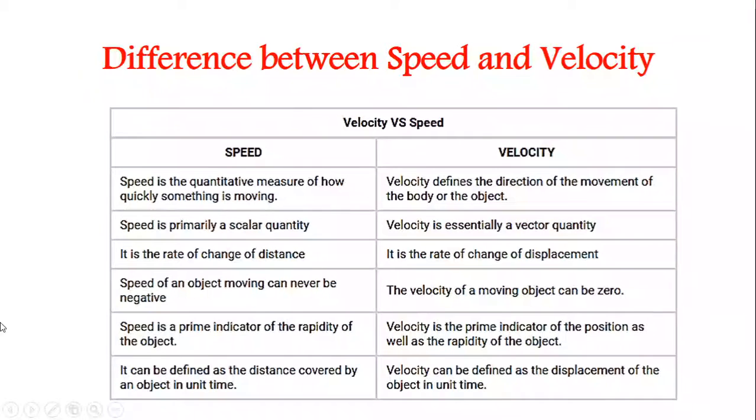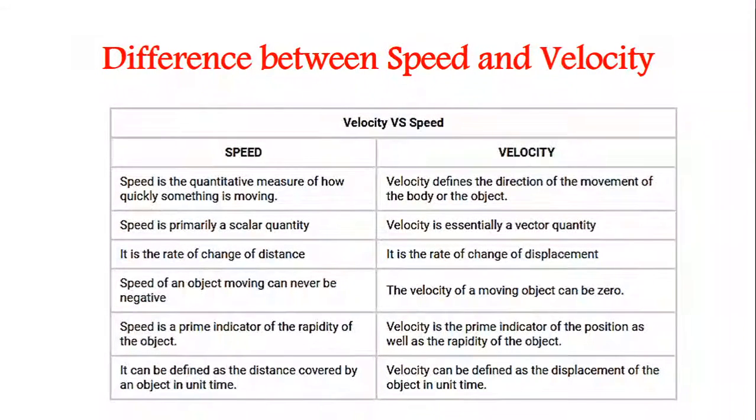Speed is the rate of change of distance, and velocity is the rate of change of displacement. The speed of a moving object can never be negative. The velocity can be zero or negative, but speed cannot be negative.